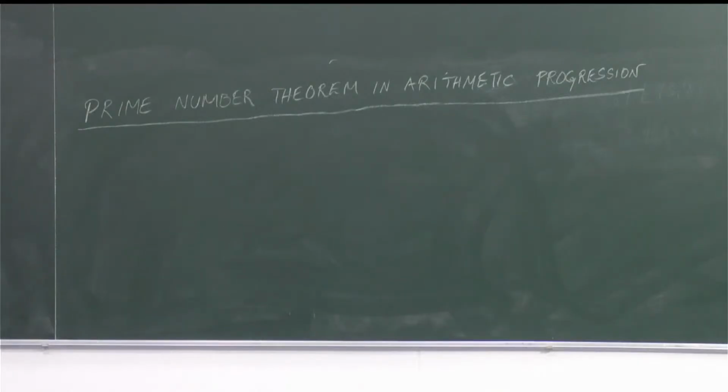The first thing is, of course, very simple, that there are infinitely many primes. And similarly here, on the first day, on Monday, we saw that there are infinitely many primes in arithmetic progression. And now we want a quantitative result to show this.